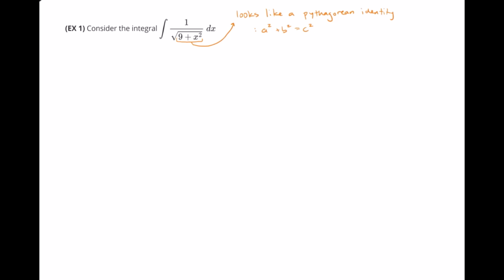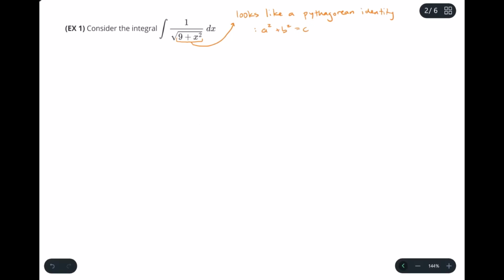But it looks like a Pythagorean identity. And the cool thing about the Pythagorean identity is you could take the sum of two squares and replace them possibly with just one thing that's squared. And if you can do that, then you would be taking the square root of something that is squared, which would just be what's under that radical. And that would be a whole lot easier to integrate than the original. So that's kind of what we're working toward here.